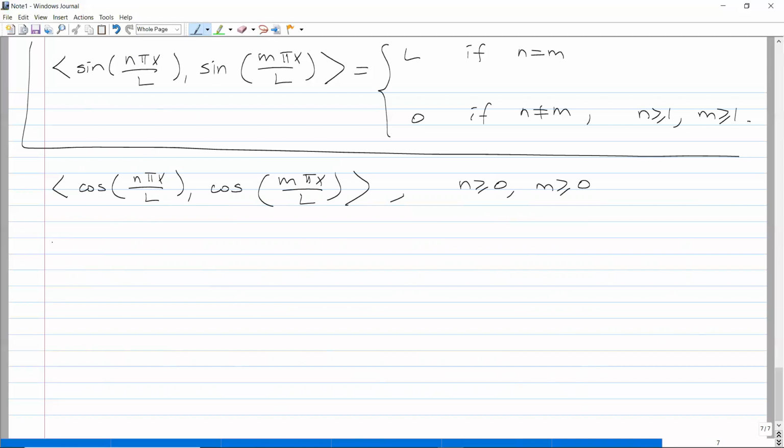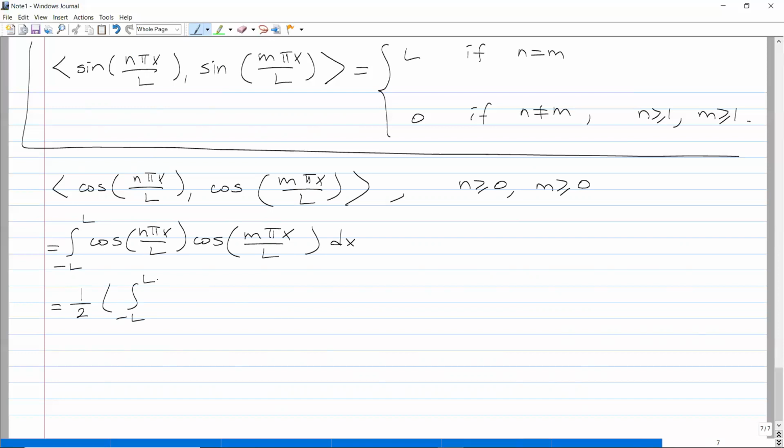But the same thing here, the definition is the integral from minus L to L, cosine n pi x over L, cosine m pi x over L. So using the addition formula, we can write it as 1/2 the integral.